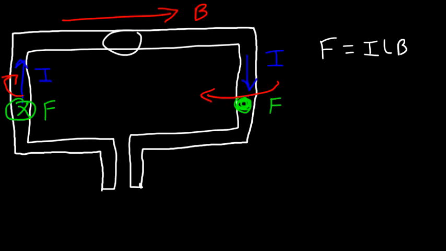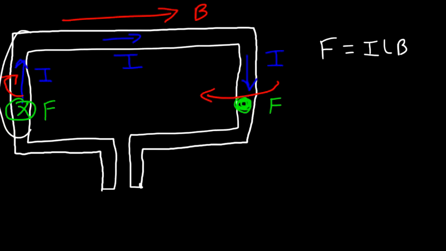There's no force on the top section and the bottom section of the loop. The reason for that is because the current is parallel to the magnetic field. And whenever the current is parallel to the magnetic field, there's going to be no magnetic force. It has to be perpendicular to it. So there's only a force on the left side and on the right side, not on the top or bottom section of the loop.